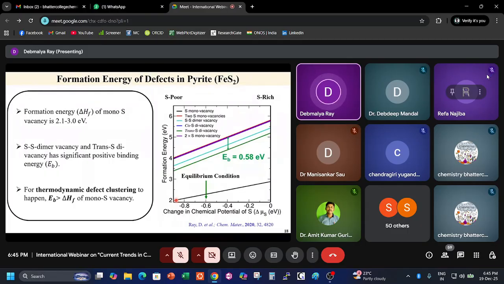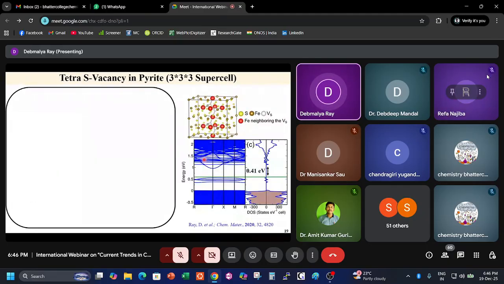Now, before I go into much more detail about this defect clustering, let me talk about a tetra vacancy, because we realize that the sulfur-sulfur dimer and the trans di-vacancy are most favorable. So we thought, why don't we create a tetra vacancy where we have two sulfur-sulfur dimers in a trans configuration.